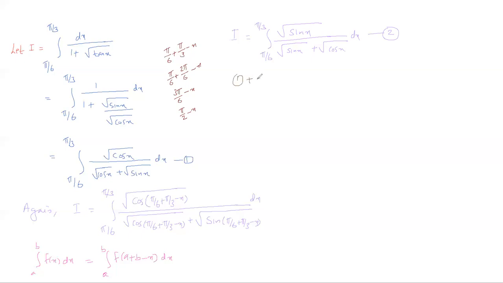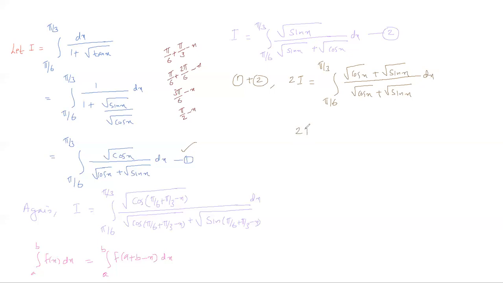अभी equation 1 and equation 2 add कर देना. So this was your equation 1. Add करेंगे तो I plus I, that is 2I is equal to integral pi by 6 to pi by 3. You can see दोनों का denominator तो same है, root cos x plus root sin x. First equation का numerator root cos x plus second equation का numerator root sin x dx.